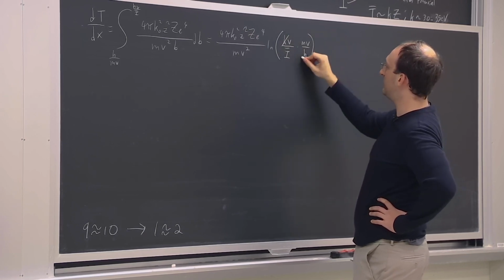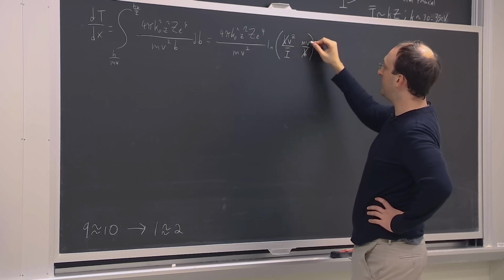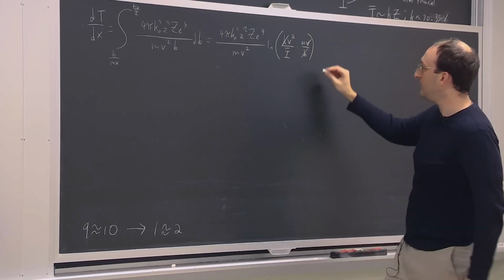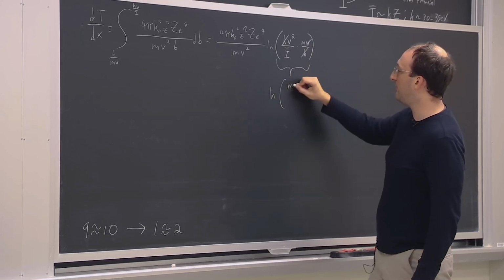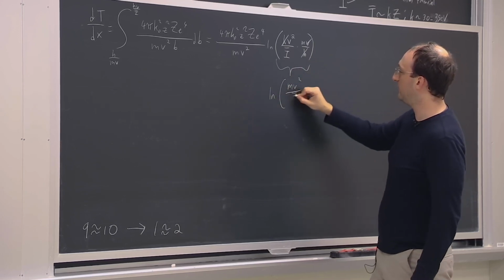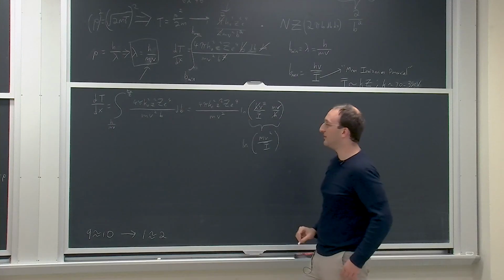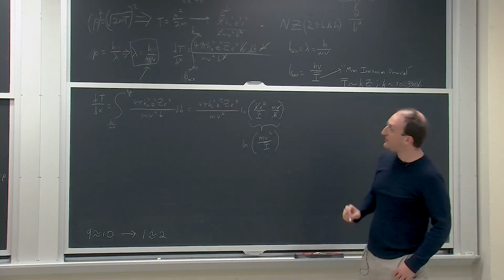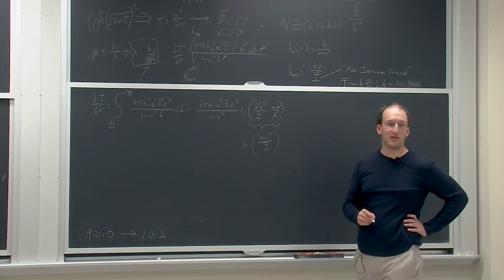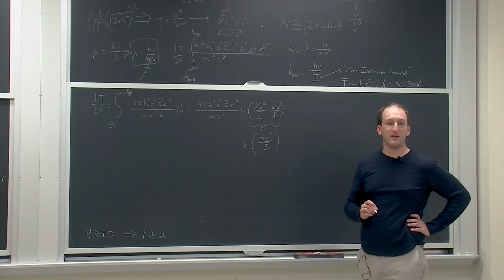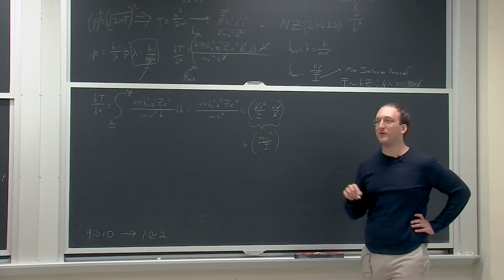The h's cancel, we get a v squared, and so all this stuff inside just becomes the natural log of mv squared over the mean ionization potential. And we've arrived basically at the same equation that I took the care to memorize on the plane. So great that we've gotten here through the math.